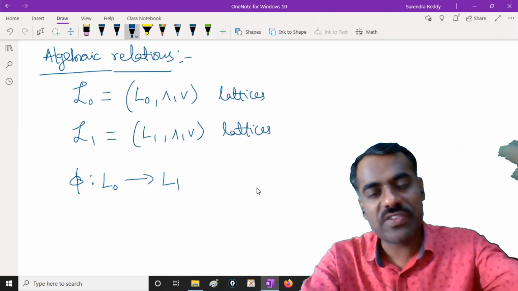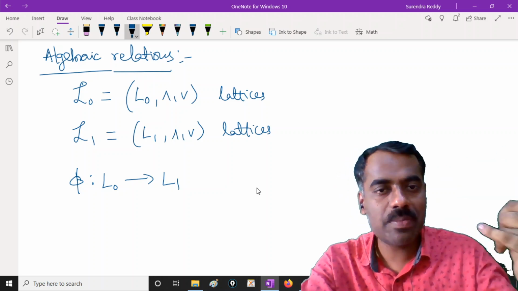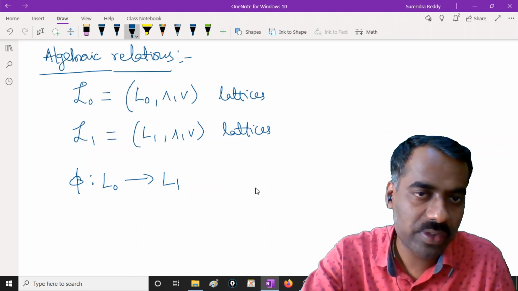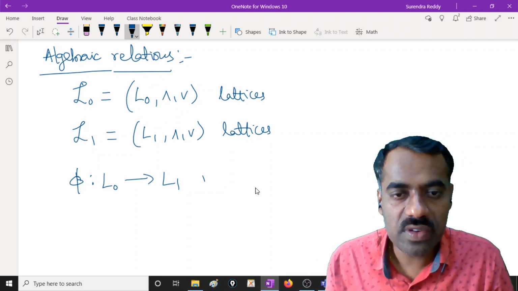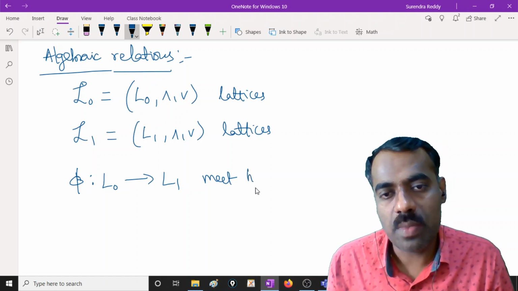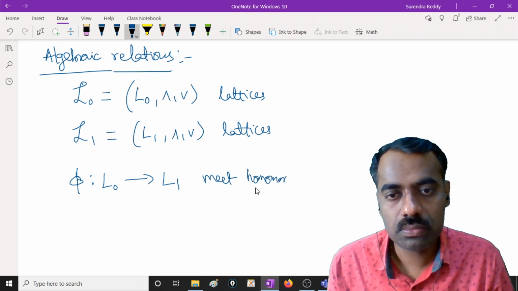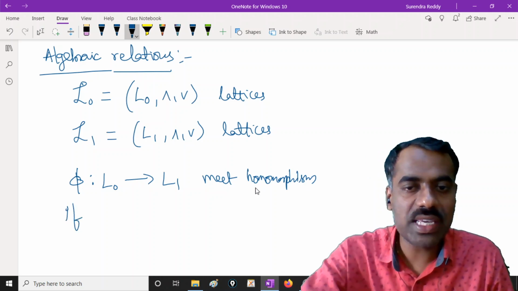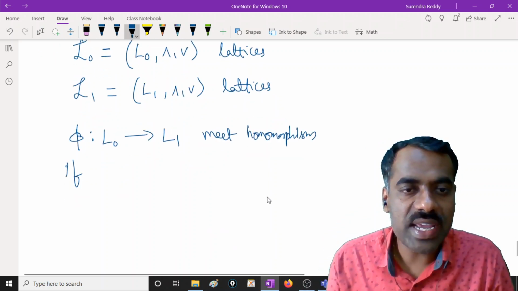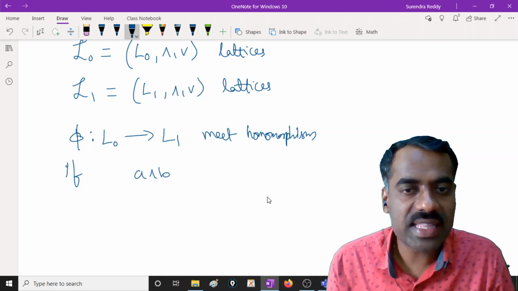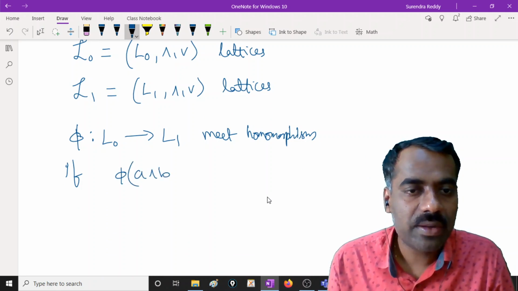We will define several things. Suppose you define what is meant by a homomorphism, or meet homomorphism, or lattice homomorphism. So we will define this as a meet homomorphism if, you take any two elements A and B in L0 and take their meet, and then apply phi to it.